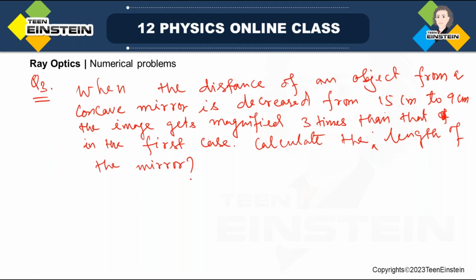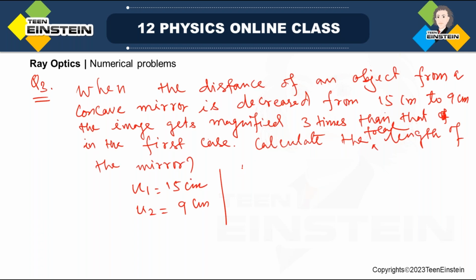This is calculate the focal length. Sorry, this is the focal length of the mirror. It is very simple, right? Calculate the focal length of the mirror. So there are two object distances. You can see that U1 is 15 centimeters, U2 is 9 centimeters.